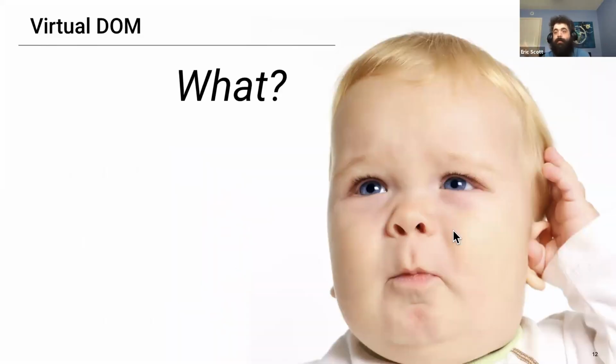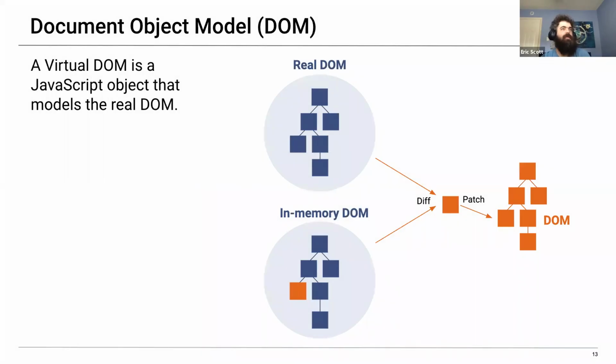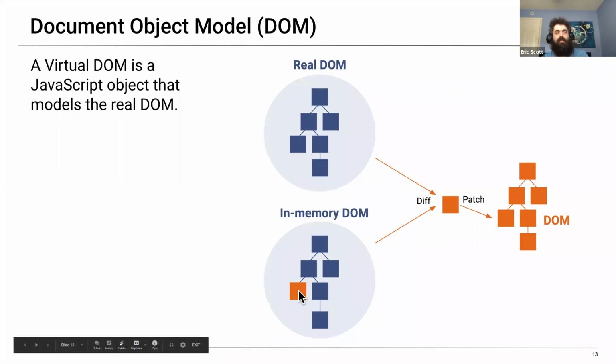Now, some of you might be scratching your head a little bit about that explanation. That's completely fine. The most important thing is to realize that the virtual DOM is just a model that looks like the real DOM. And what we do is, with this in-memory DOM, let's say that we just added this piece to it. This is the real DOM, and this is, I don't know, your newsfeed.